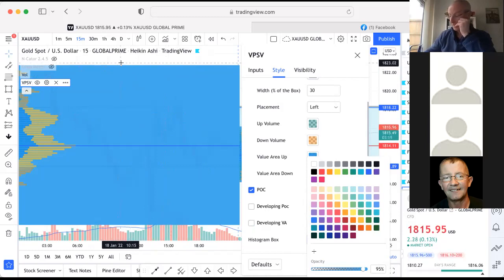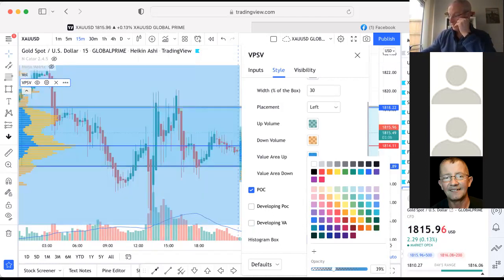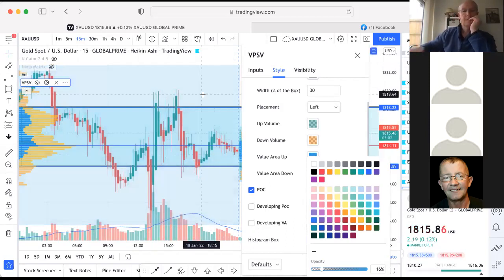So there were no orders placed above that blue area, and there were no orders placed at a price below that area. I think that's a bit distracting, so I'll take it back to where it was. And I like it sort of that color, but again, it's down to personal choice.